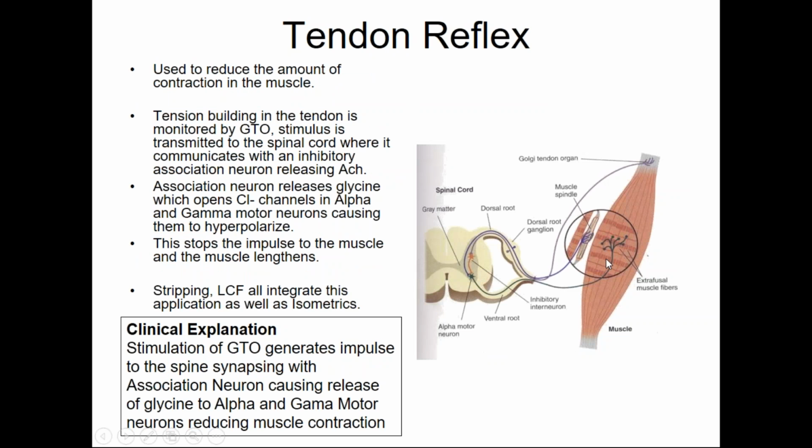Tendon reflex is the exact opposite. Tendon reflex is where the GTOs are located at the musculotendinous junction. So as a muscle contracts, stimulus is sent to the spinal cord where it communicates with an association or interneuron, causing the release of glycine, and glycine blocks your alpha and gamma motor neurons back to the muscle, ceasing the contraction.